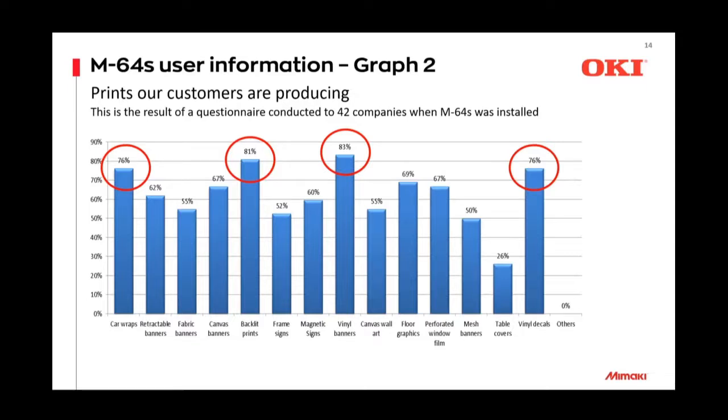So looking at these graphs, it starts to highlight, or it can provide an indication, where the M64s is market leader regarding certain applications. So it can give you an idea of the certain markets to target for this particular product, which I think is pretty important.